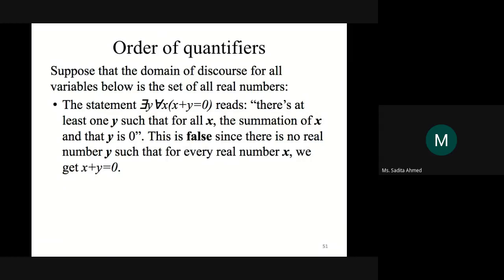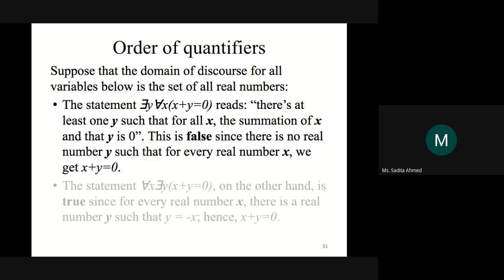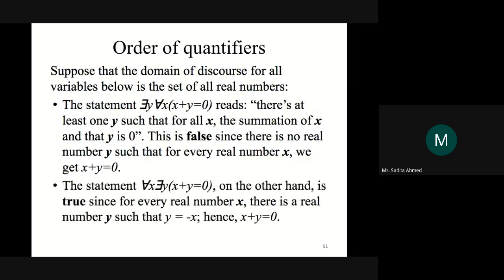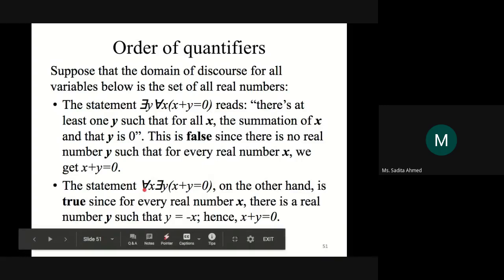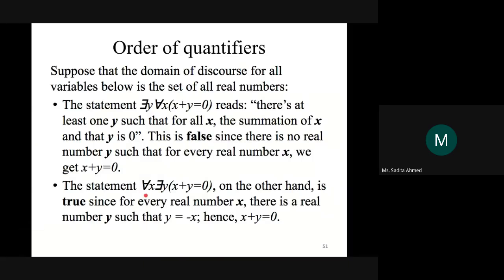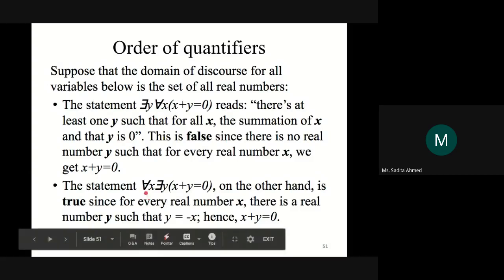Yes, you guys are heading in the right direction, but let's still explain to make this clear for everybody, okay? So yeah, you are correct when you say that it's going to be true. Because the moment we switch the position of the quantifiers, now the meaning is for all real numbers x, there exists at least one real number y such that x plus y is equal to 0.